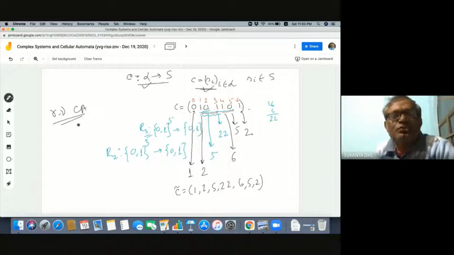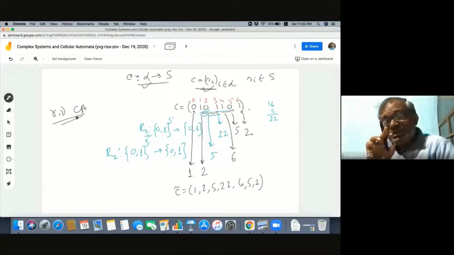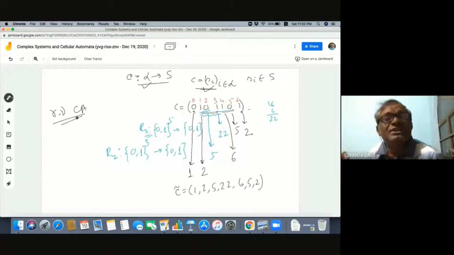Non-uniform CA means the cells may use different rules, and RNUCA means their neighborhood dependency is uniform, it's R. So if it is RNUCA, then we need not pass the additional information like the radius of individual rules.